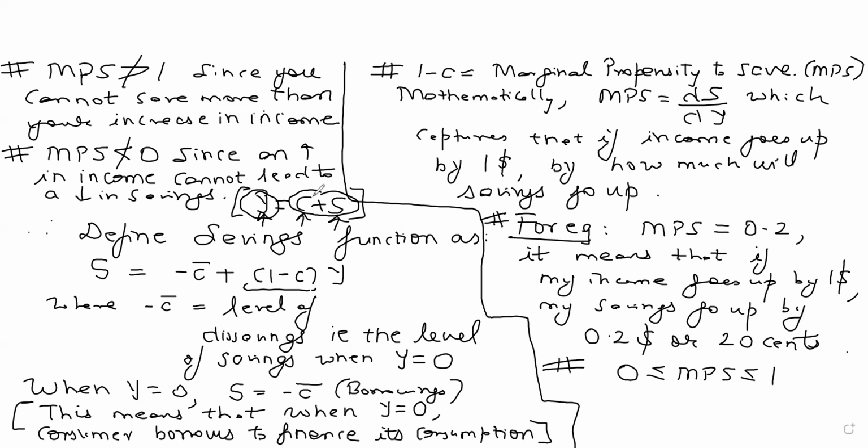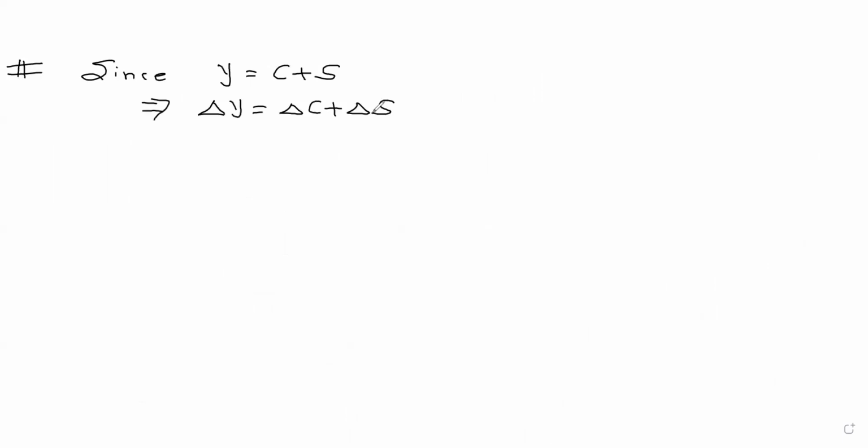So if I erase all this off now, I can now write that since income is either consumed or saved, this implies change in income is also equal to change in consumption plus change in savings. If income is equal to consumption plus savings, then change in income must also be equal to change in consumption plus change in savings.